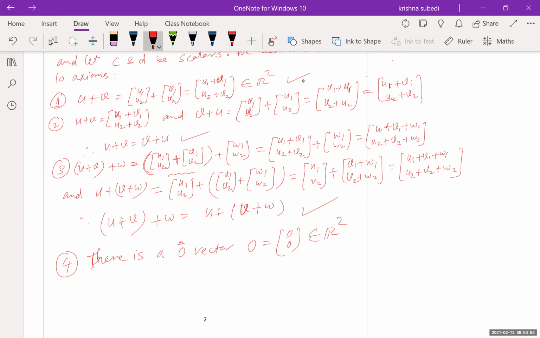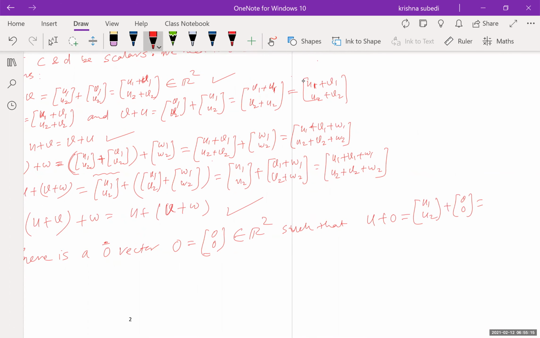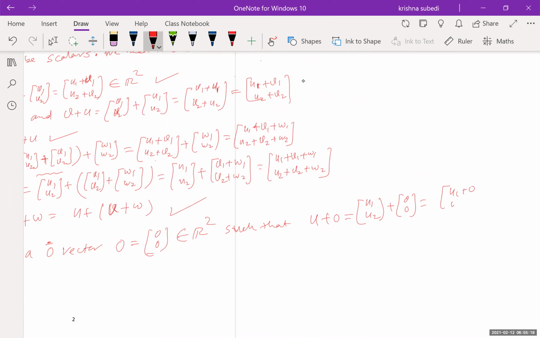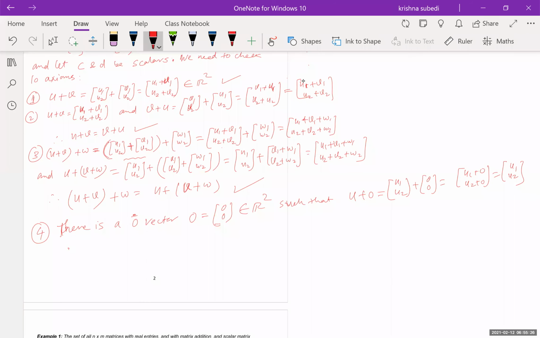So this 0, 0 definitely is in that space because this also is in R2. And such that if I add u plus 0, what do I get? U plus 0 is u1, u2 plus 0, 0. And so you're going to get u1 plus 0, u2 plus 0. So you're going to get u1, u2. So clearly, what we notice here is that u plus 0 equals u. So this condition also checks.